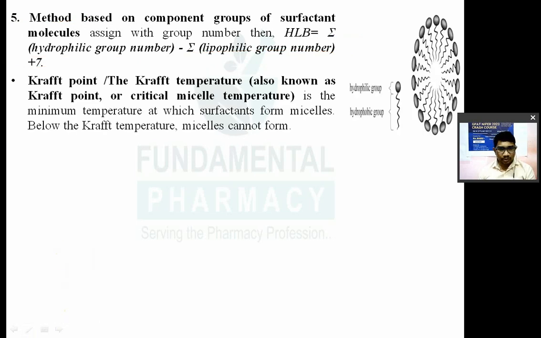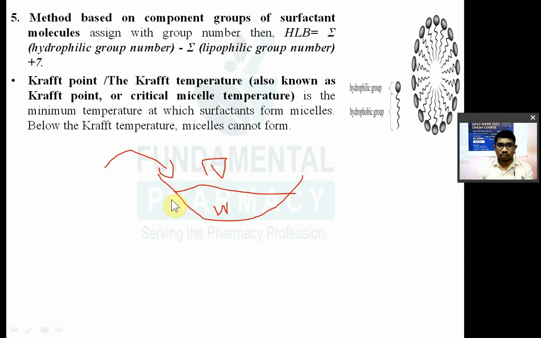So if you have a liquid, say oil and water, and you add a surfactant to this, initially a few molecules of the surfactant will go to the interface and the remaining molecules will be in the bulk of the liquid.